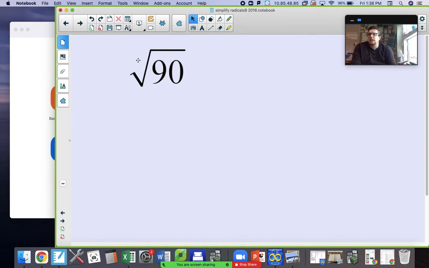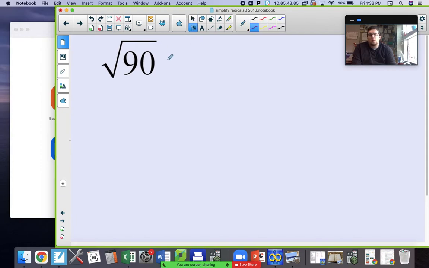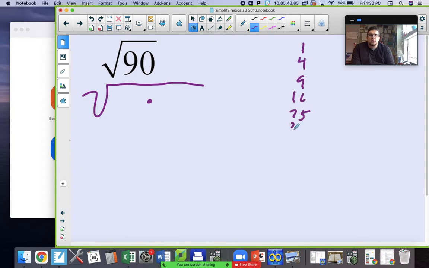But we're going to do this in kind of a clever manner. We don't want to just split the 90 into anything. We want to split the 90 into two numbers where one of those numbers happens to be one of our perfect squares, one of the 1, 4, 9, 16, 25, 36, and so on.